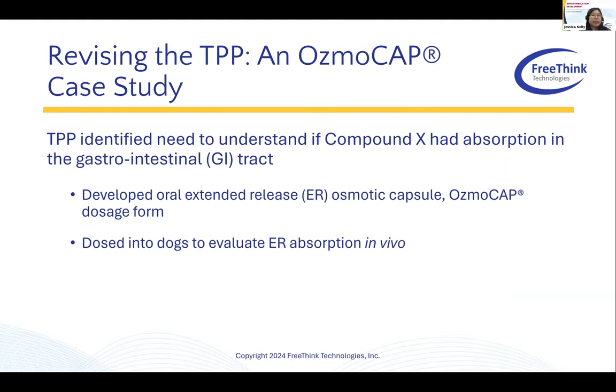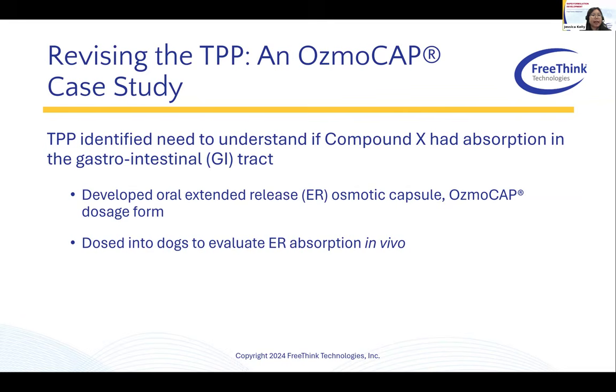Okay, so as you saw, the TPP identified the need to understand if compound X has absorption in the gastrointestinal tract, as if you're moving from an IR, immediate release dosage form to an extended release dosage form, absorption will shift further down the GI tract into either the small or the lower intestine.